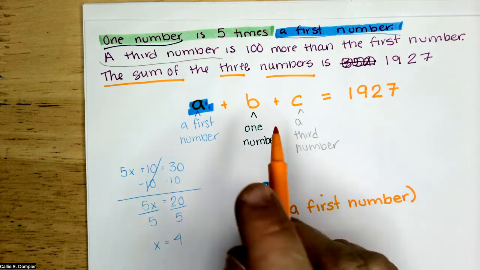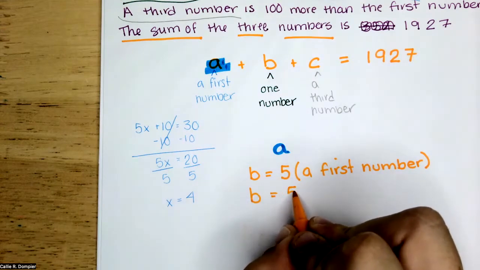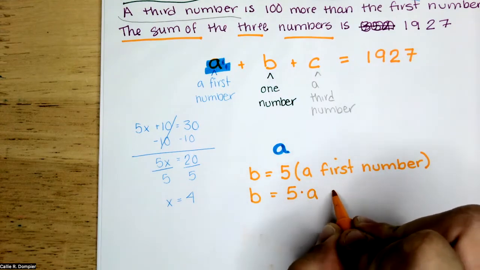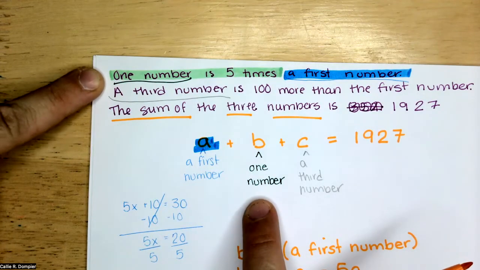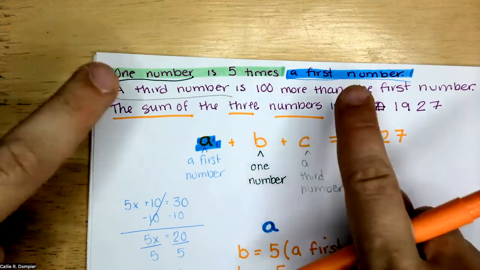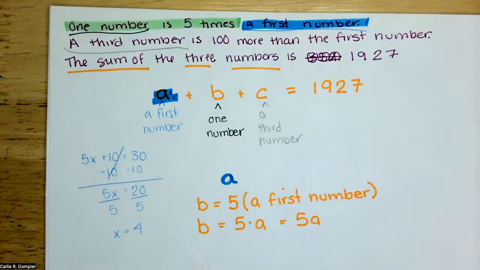We gave it the letter A. A first number is just A. So B is actually 5 times the letter A, or just 5A. Because we said one number, which we labeled B, is 5 times a first number, which is our letter A. So B is 5A.